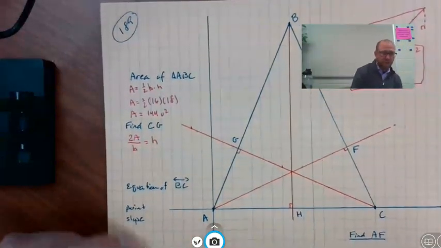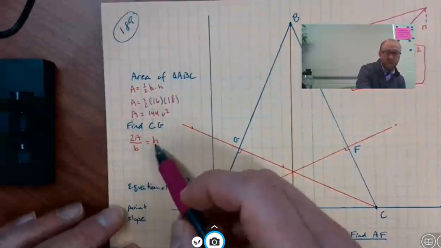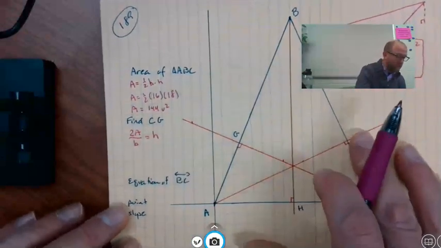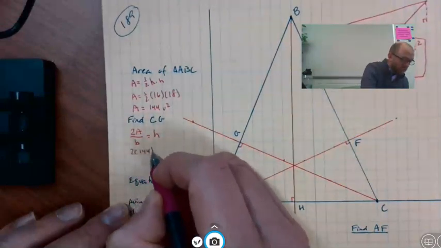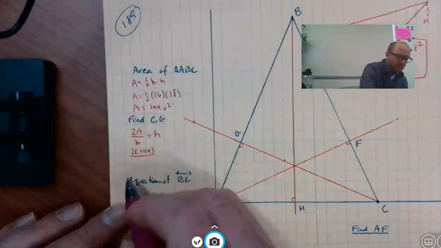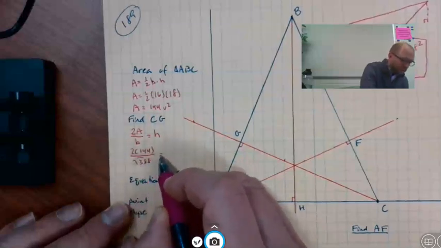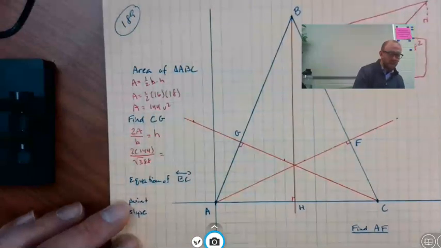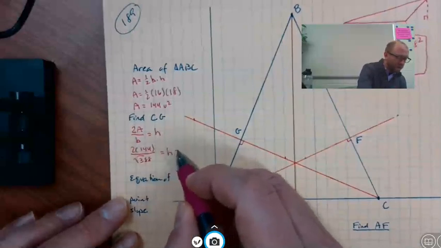So I just rearranged the formula. Right? So base times height would be equal to twice the area. So 2 times 144 divided by the square root of 388 would be equal to h.